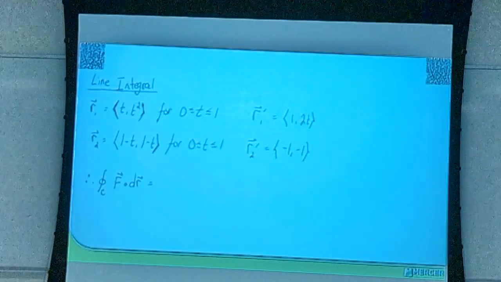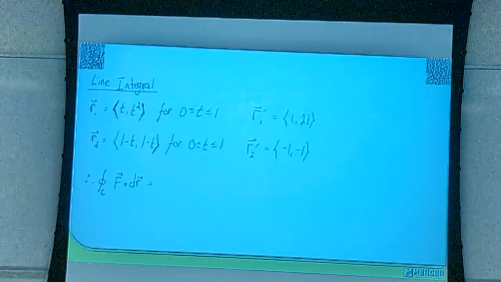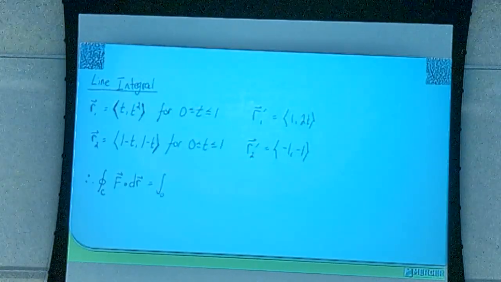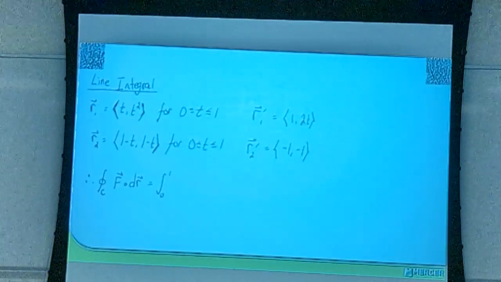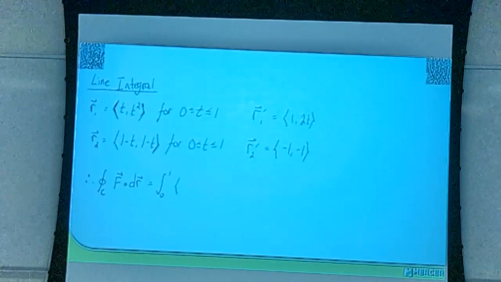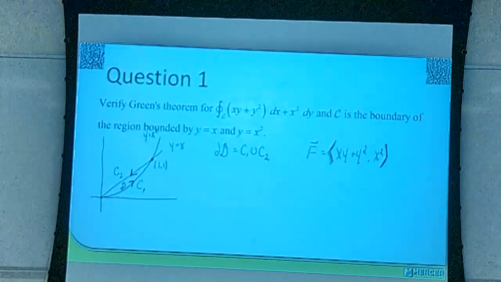So then our circulation is the integral from 0 to 1 of F evaluated at r1. But what was F? xy plus y squared and x squared.